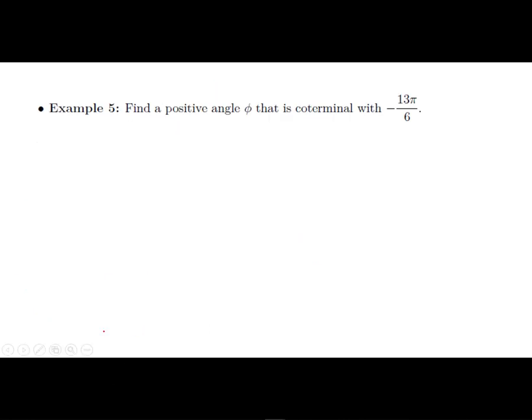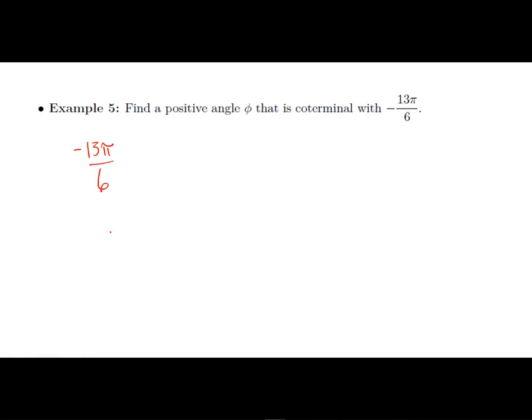All right, one example that we like to do here to finish up is to look at a similar problem to what we did with degrees when we talked about coterminal angles. So remember, two angles are coterminal if they terminate in the same spot on a circle, but they are different values. So let's take this negative 13 pi over 6.